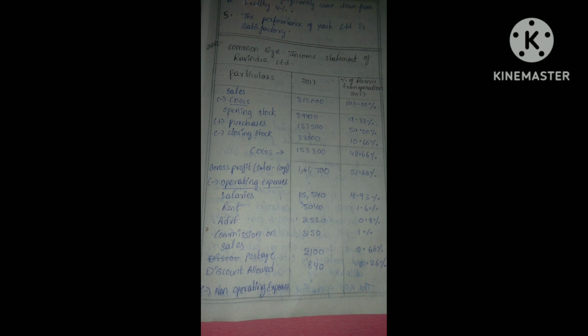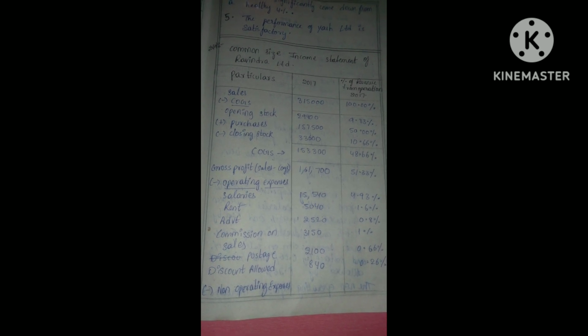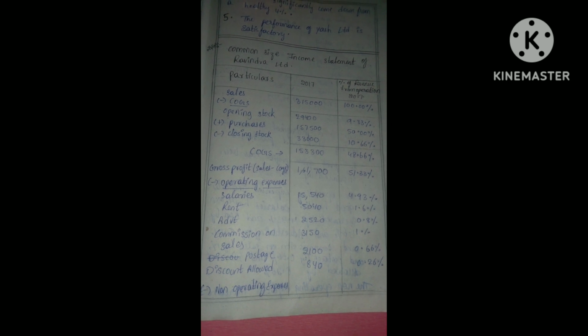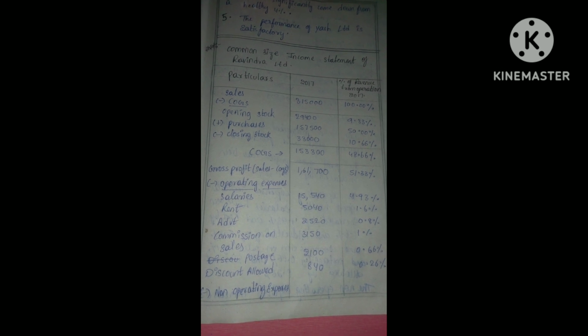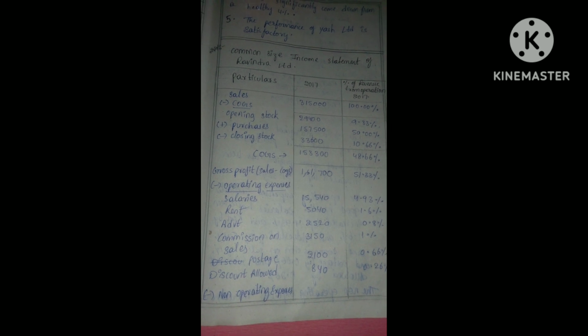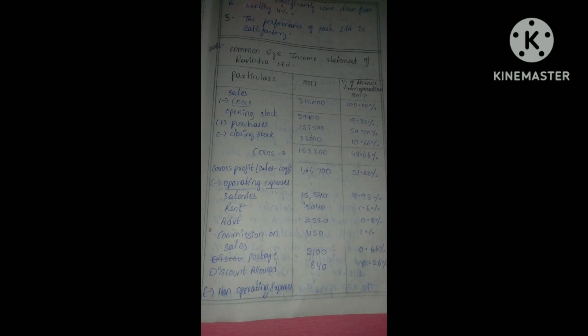And advertisement 2,520 divided by 3,15,000 into 100, we will get 0.8%. And commission on sales 3,150 divided by 3,15,000 into 100, we will get 1%. And postage 2,100 divided by 3,15,000 into 100, we will get 0.66%. And discount allowed is 840 divided by 3,15,000 into 100, we will get 0.26%.